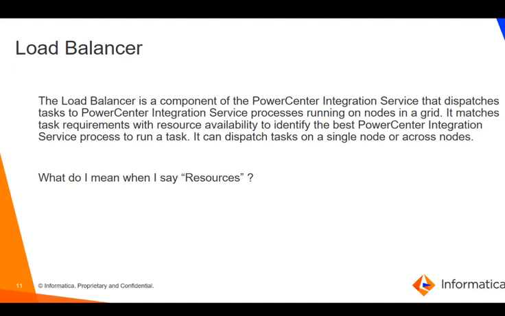All the tasks that you give to an IS, when you're running a workflow, inside that you can have an email, commands, and actual sessions which will run the mappings that you create, are dispatched to each of those PowerCenter integration service processes. Where to dispatch which job, the decision and calculation of it, is all done by this component, called the load balancer.